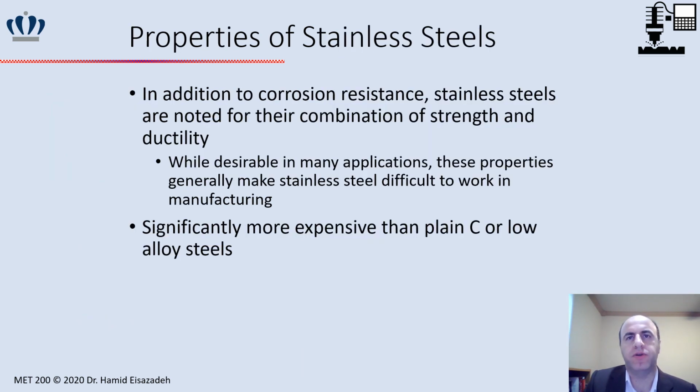One major property of stainless steel, or SS, is its corrosion resistance, and also it has a good strength, high strength, and good ductility. Because of the higher strength, sometimes it's very difficult to work with this because we are using chromium and nickel. These steels are more expensive than the low carbon steel.